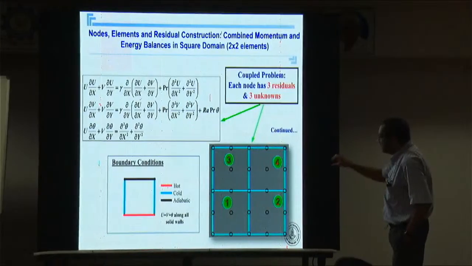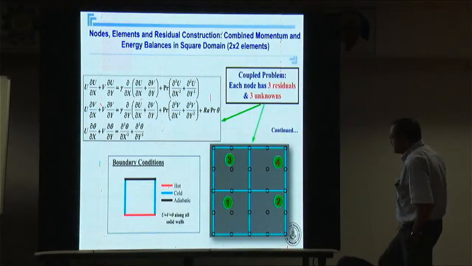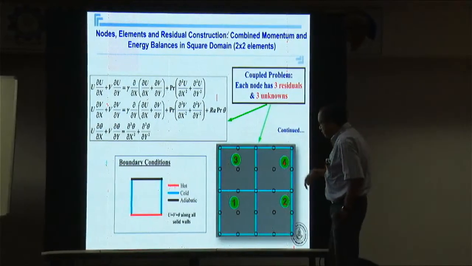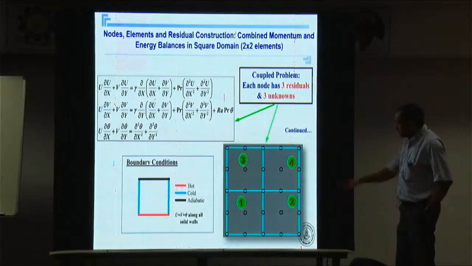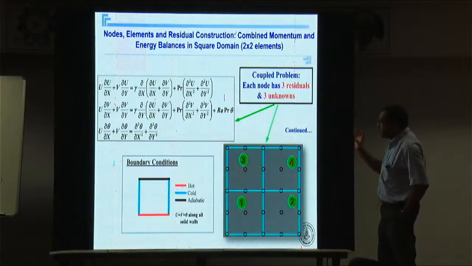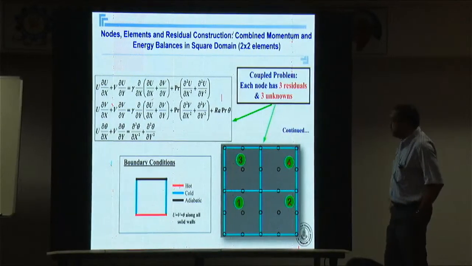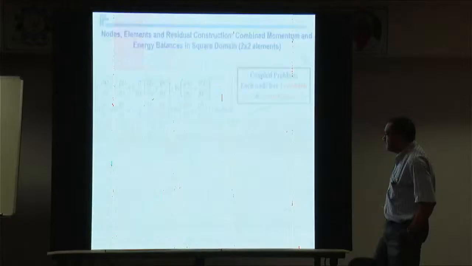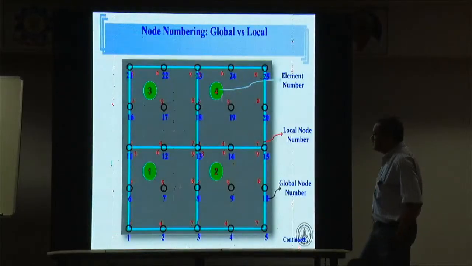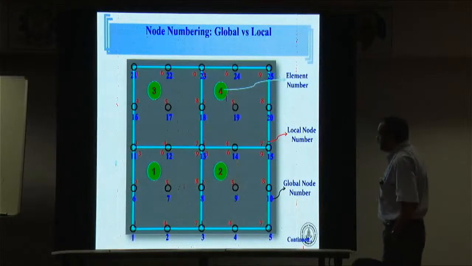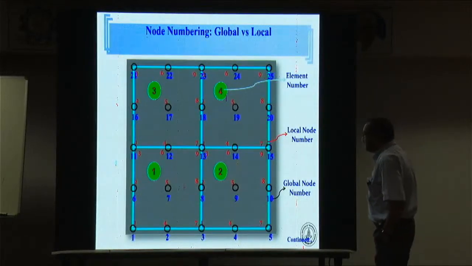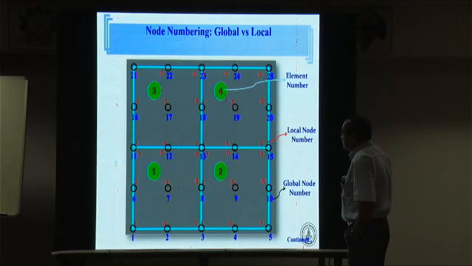Yes, this is a typical mesh structure. You can see that this is a square domain, and the nodes will be shared this way. There are 4 elements, and there will be local and global node numbers. Next slide please. In the finite element method we have local node numbers and global node numbers, and here the red color nodes are the local node numbers.